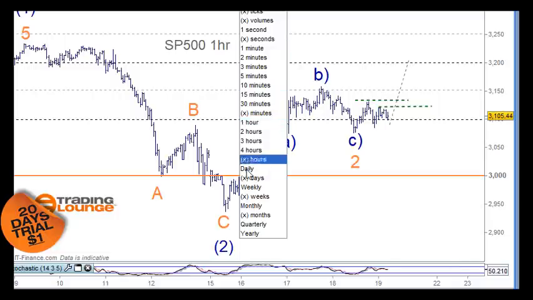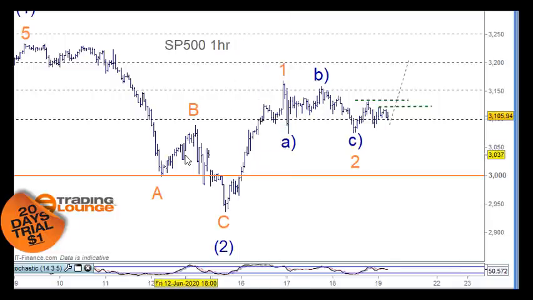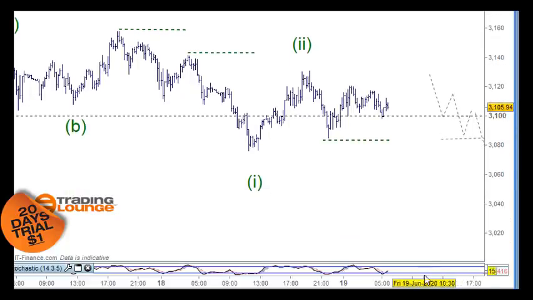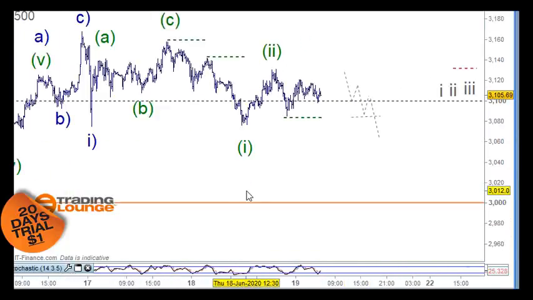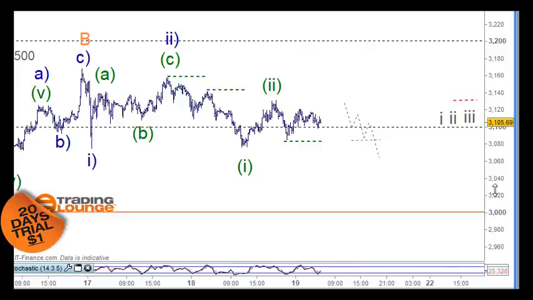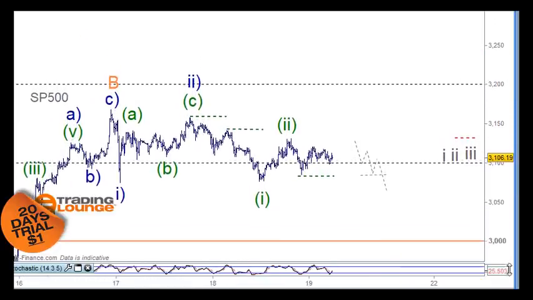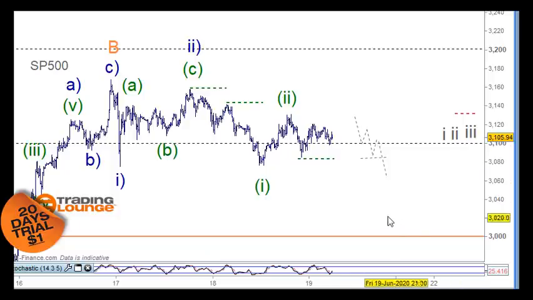And on the short side, we can just do the retested resistance on the 3,100 area through here, and this count may or may not be right. We'll see, but the main point is that we were looking to wait for this one, then we move it up to this one.